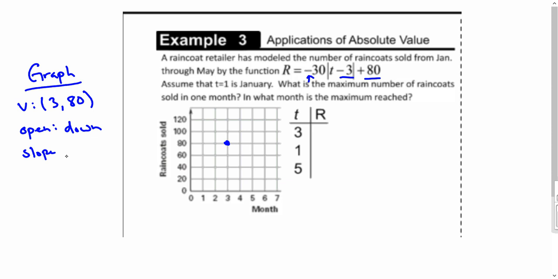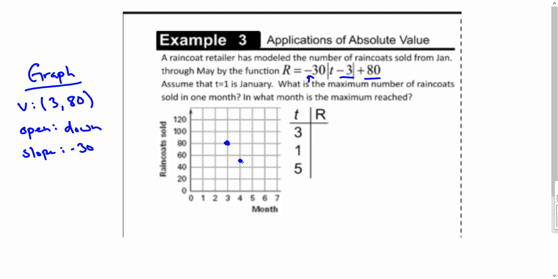That slope is -30, so its slope is -30. So from this point, I'm going to graph something with a slope of -30. Well, what's 30 less than 80? Well, 50. So I'm going to go down 30, which takes me to 50, but I'm going to go to the right 1 month, and I'm going to go right about there.